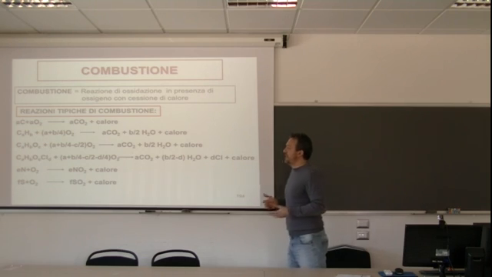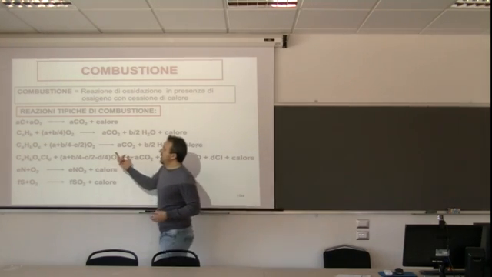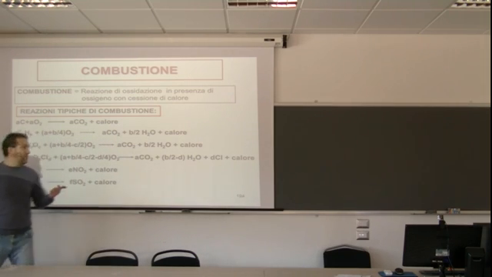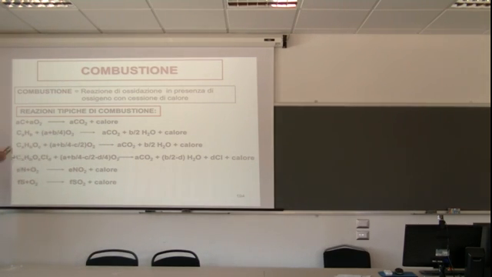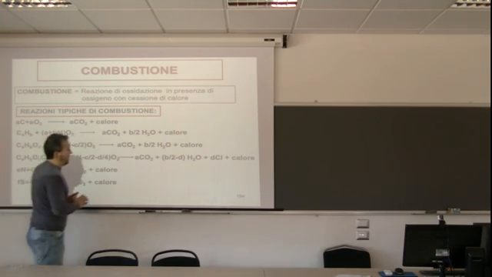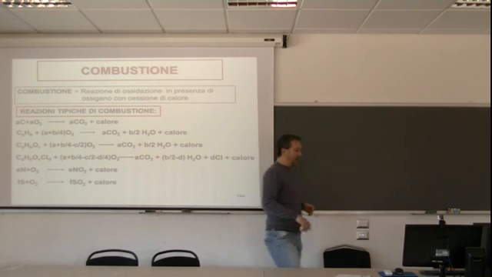And of course, in the biomass you have carbon, hydrogen, oxygen, and chlorine, and of course nitrogen and sulfur that contribute to the oxidation and to the combustion of the biomass.